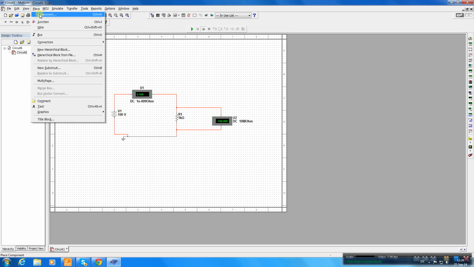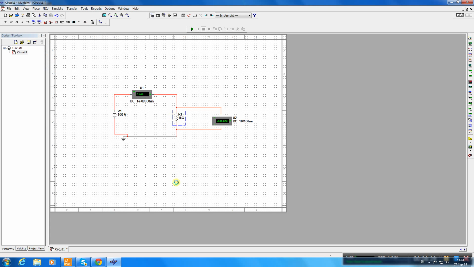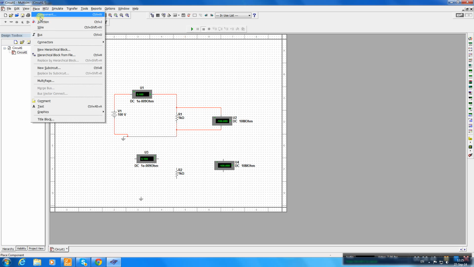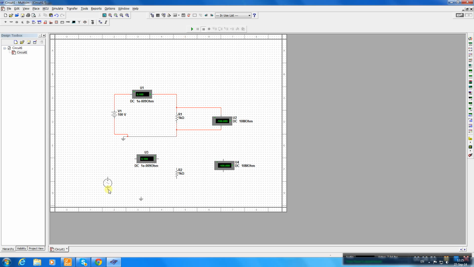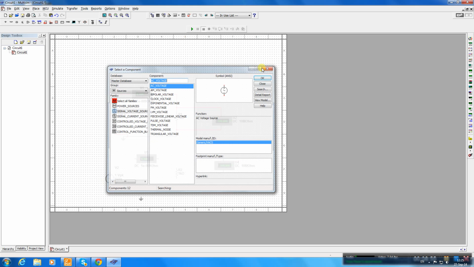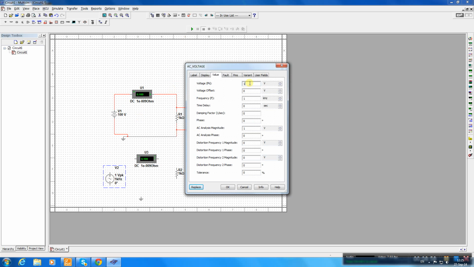And now I'll take the same components. I'm just copy pasting them for our convenience. So we'll launch two circuits. One will be AC and one will be DC, 100 volts.